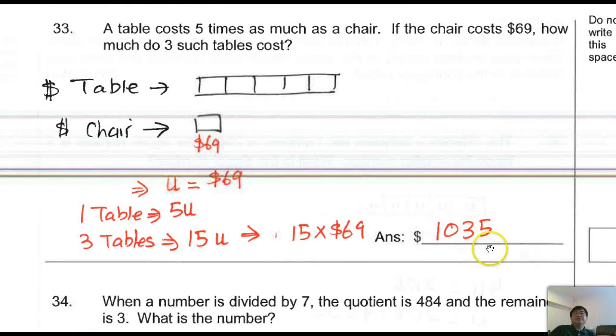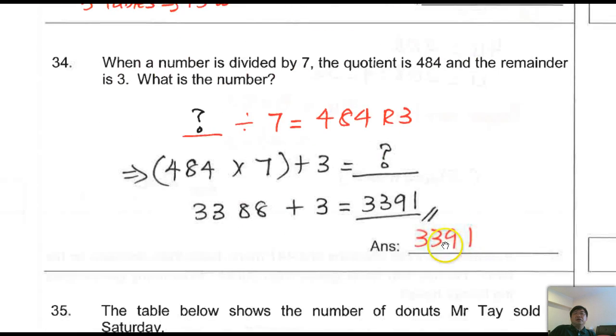Next, when a number is divided by 7, look here, you must form this up. What number divided by 7 gives the quotient of 484 and has a remainder of 3? So you do the reverse. You take this times 7. Now, this divided by 7 gives you that.